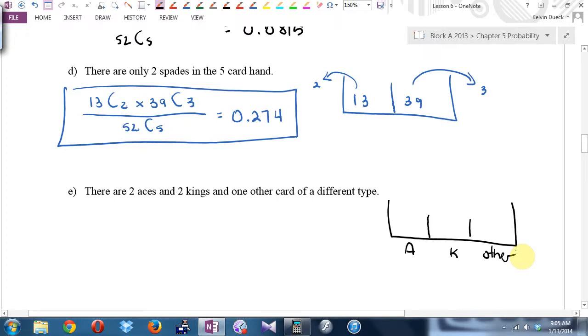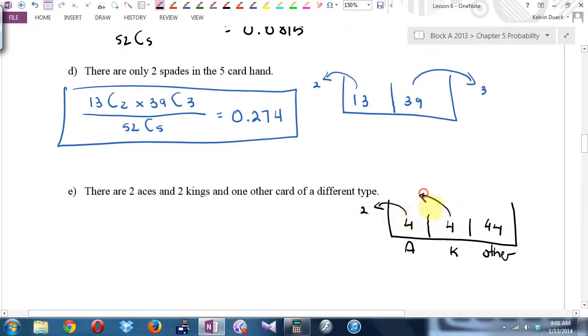How many aces are there? 4. How many kings are there? Also 4. So how many other cards are there? 44, is that what you said? I thought I heard you say 34. And I go, really? 44. Erica, we got the whole deck. Okay. How many aces? 2.